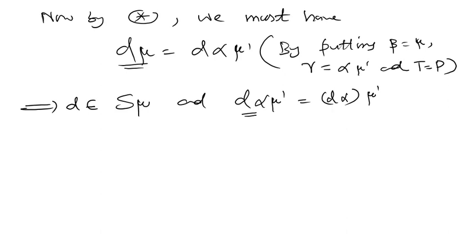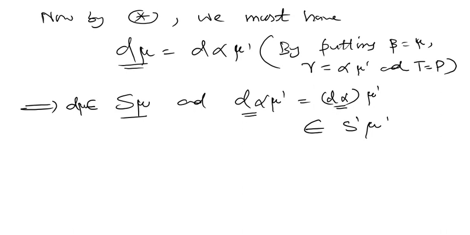Alpha is a map from S to S prime, so d alpha belongs to S prime, so this element belongs to S prime mu prime. So d mu belongs to S mu, and d alpha mu prime belongs to S prime mu prime.